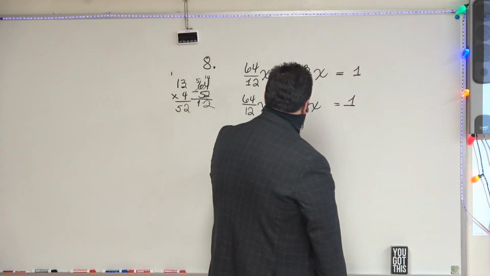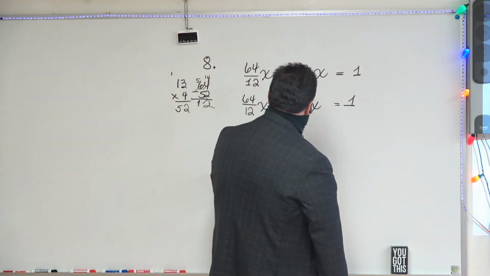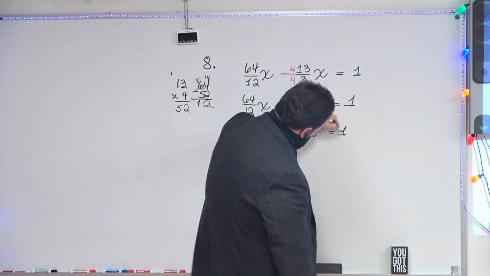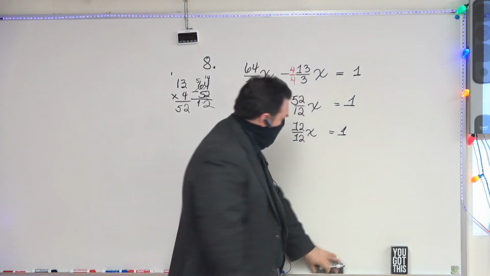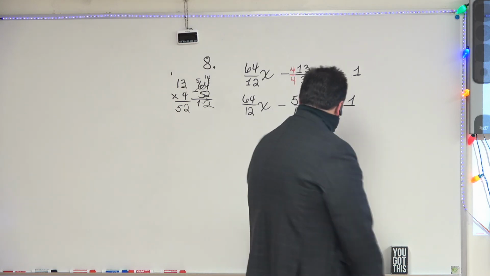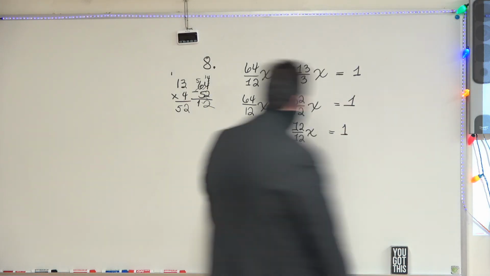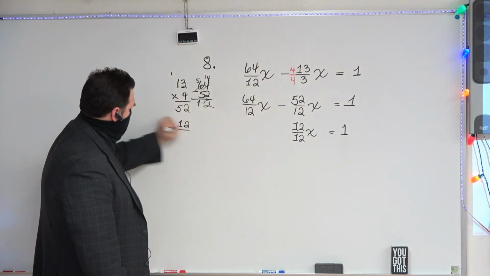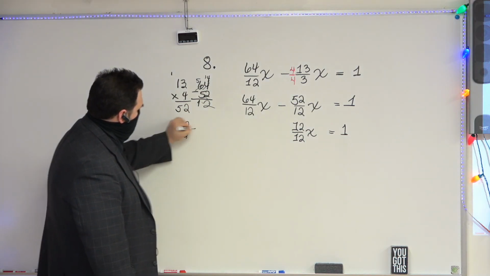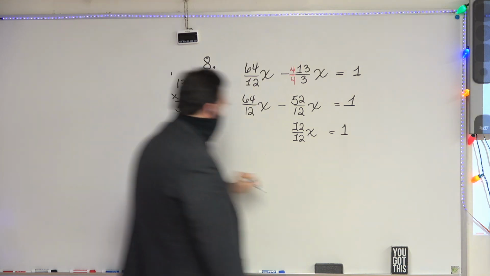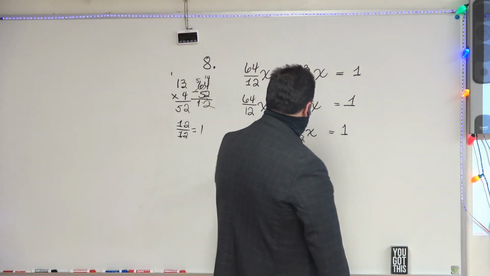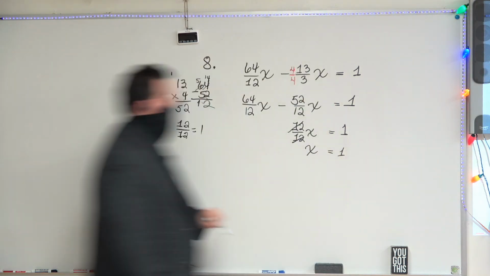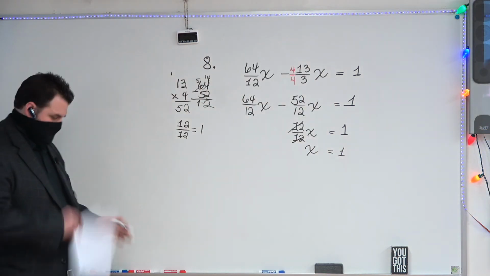So 12 over 12x equals 1. How about we write it to where it looks like a 1? Okay, well, what is 12 over 12 reduced to? So 1x equals 1. So what does that mean? X equals 1. That was not too hard.